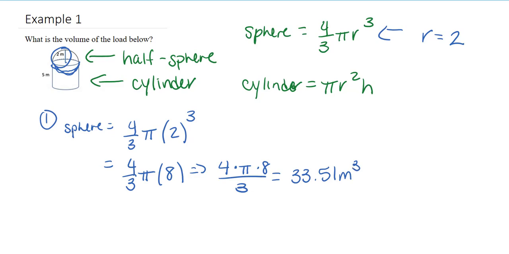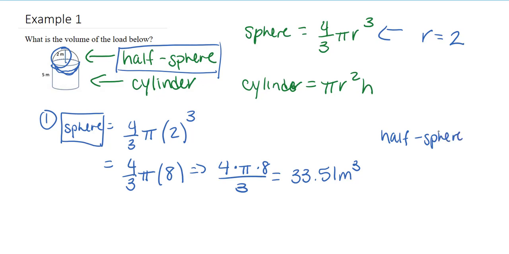But notice we solved for the sphere. This is half a sphere. So what do we need to do? Well, for half a sphere, we just take the 33.51 and divide it by 2.